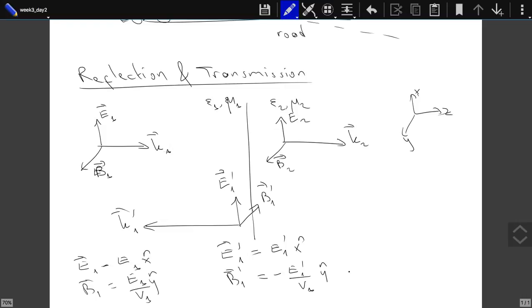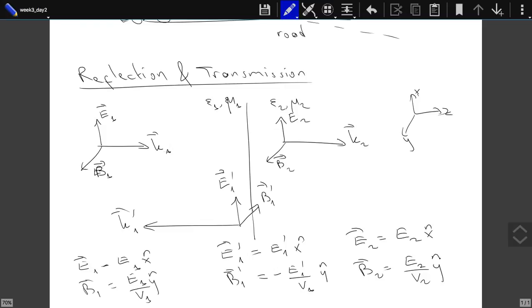And finally, for the transmitted wave, E2 is some number in the X direction. B2 is E2 over V2 in the Y direction. Again, I don't know whether E2 is positive or negative, so the transmitted electric field might be pointing in the same direction as the incident electric field, or in the opposite direction.